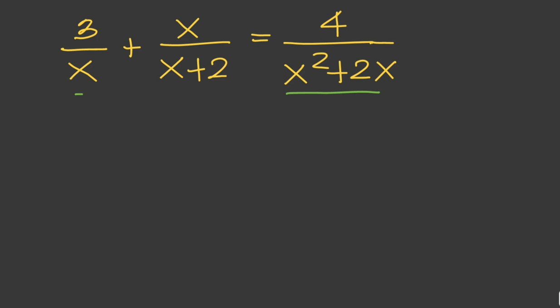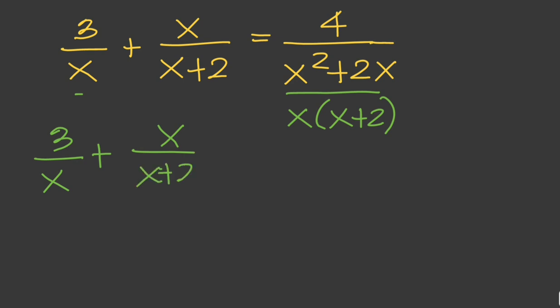So we can write x squared plus 2x as x times x plus 2. So we factor out x. Now we can rewrite this equation as 3 over x plus x over x plus 2 equals 4 over x times x plus 2.